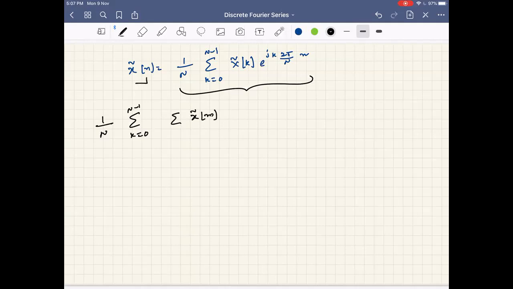This is for a given n, so we are writing this expression for a given n. Let this variable be reserved for that given n, and this be the running variable m varying from 0 to N minus 1 while expanding x tilde of k here. Just to have a better understanding, this is what I'm expanding.